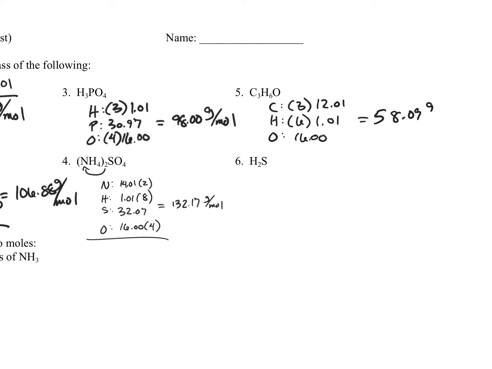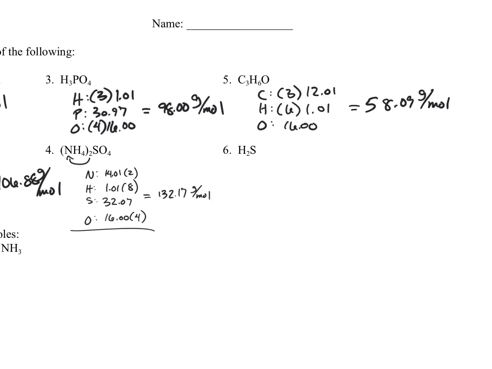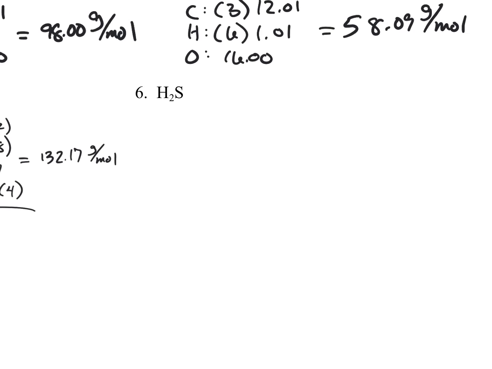Do not forget units, grams per mole. Okay, the last question is H2S. So there are 2 hydrogens at 1.01 each. There is 1 sulfur at 32.07. So the molar mass for this entire compound is 34.09 grams per mole.